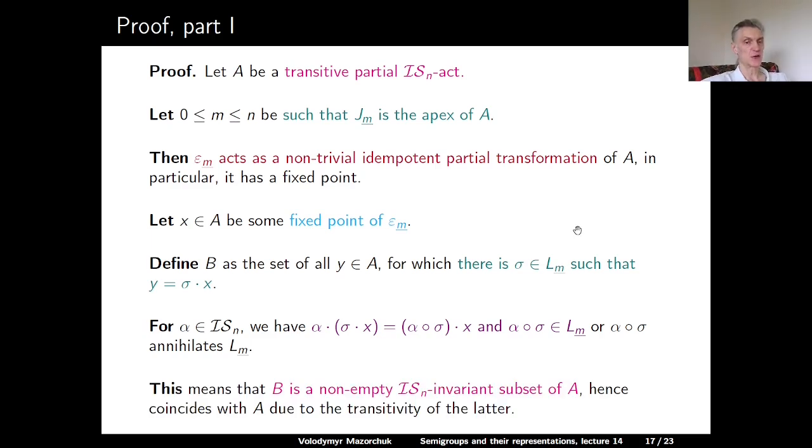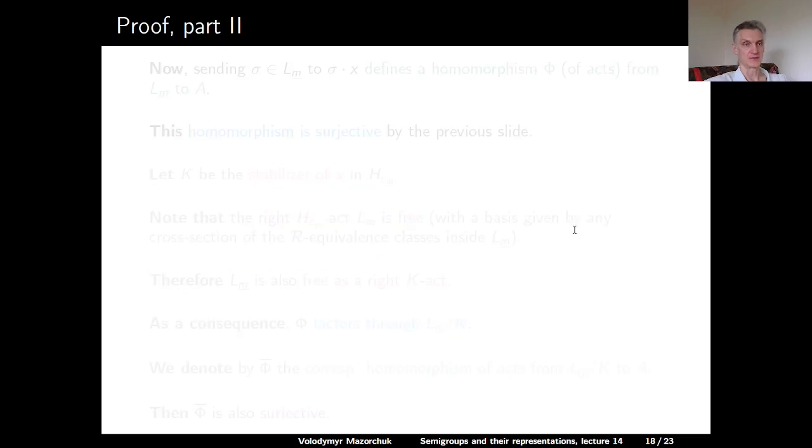So this means that our set B, which definitely contains x, is a non-empty ISN invariant subset of A. Hence it must coincide with A due to the transitivity of the latter act. Now, if we send an element sigma in Lm underlined to the outcome of sigma acting on x, this defines a homomorphism, which we denote by phi, from the act Lm underlined to A.